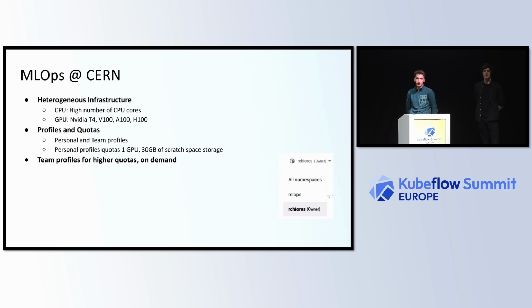This is the profile when you initially go on our platform. It gets automatically created for you. You get a quota for 1 GPU and 30 GB of block storage based on CephFS. And for team profiles, in case a user wants to run something beefier, they request it and they get higher quota on demand.